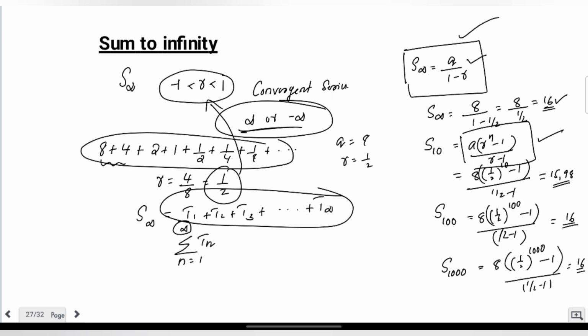You understand? Because after a particular number of terms, you will see only zeros. That's the reason why. So the main point is the common ratio is in between minus 1 and plus 1. Then only these things will work. Is it clear? All right, now we can do the examples.